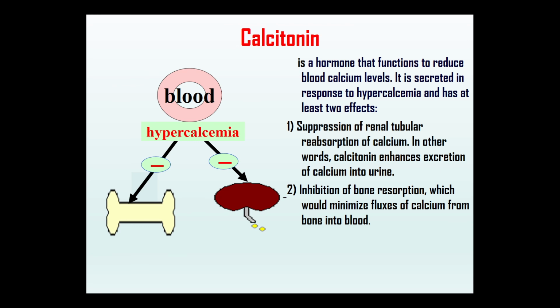More of this hormone is secreted in young individuals. It may play an important role in skeletal development. In addition, it may protect the bone in the mother from excess calcium loss during pregnancy.